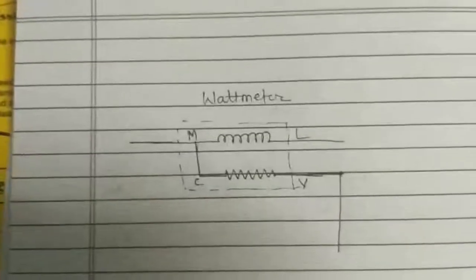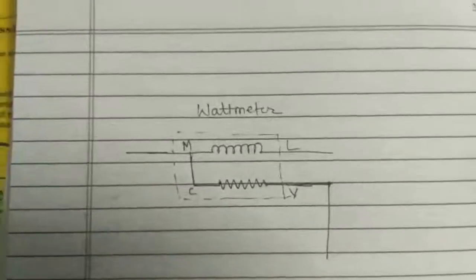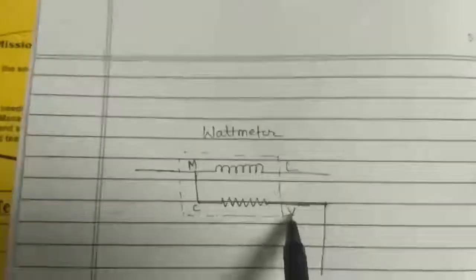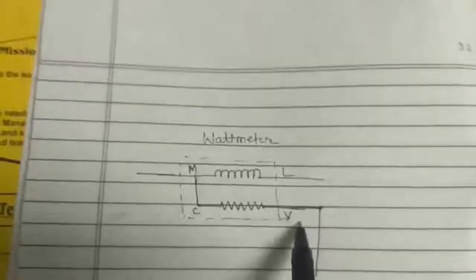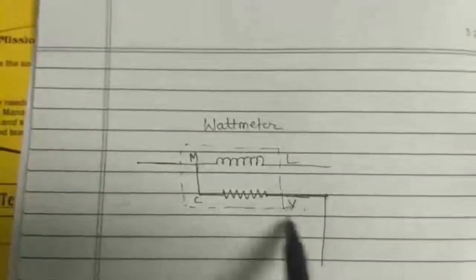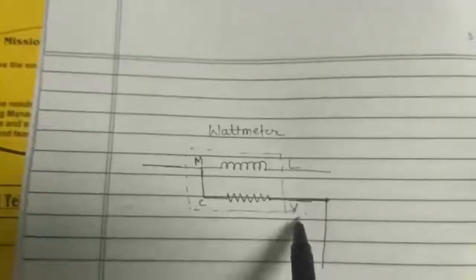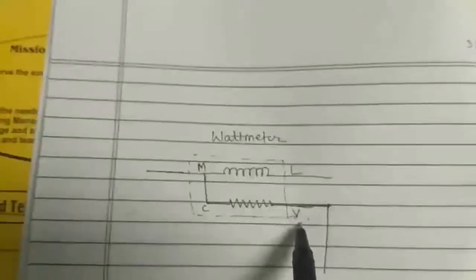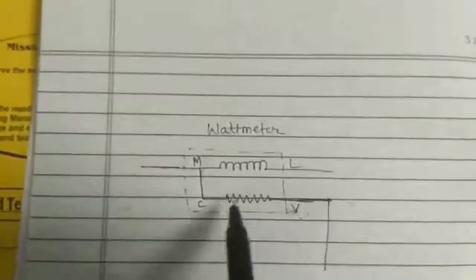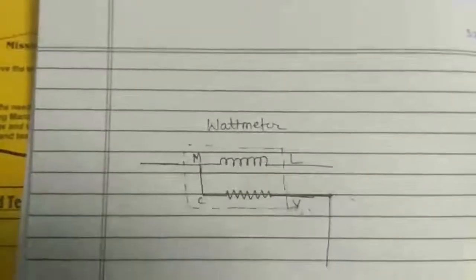When you see the wattmeter in the lab, you will have two or three options for the voltage, for example 300 volt, 600 volt. Depending upon the requirement, we have to select that voltage point. Whether we select 300 volt or 600 volt, the scale is only one.